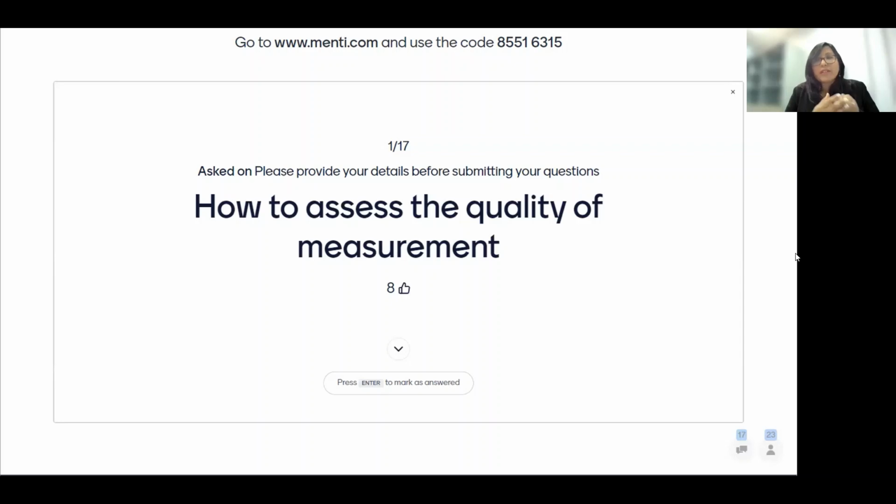Well, I would say two: precision and accuracy. Precision means our measures are repeatable and reproducible. And accuracy refers to how close our measurement results are to the true value. That's why accuracy is also named trueness.